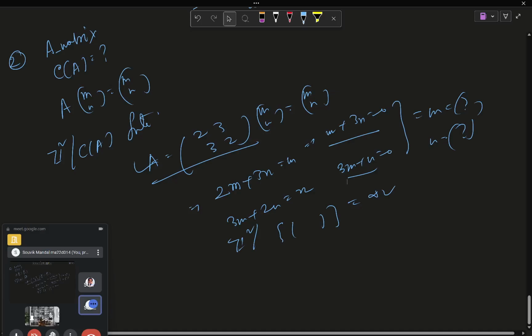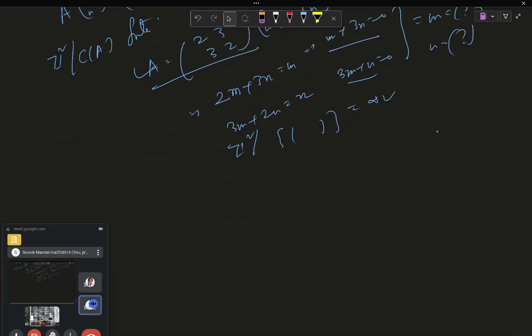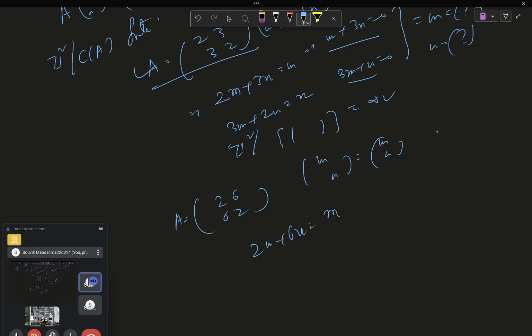Okay. So for example, suppose we take A to be 2 6 6 2. So this is 2m, so this is m plus 6n equals 0, 6m plus n equals 0.